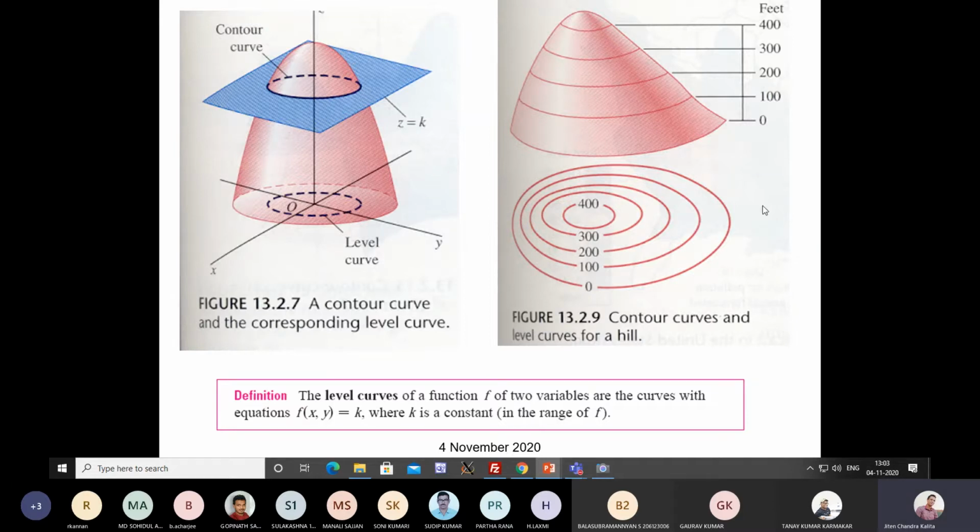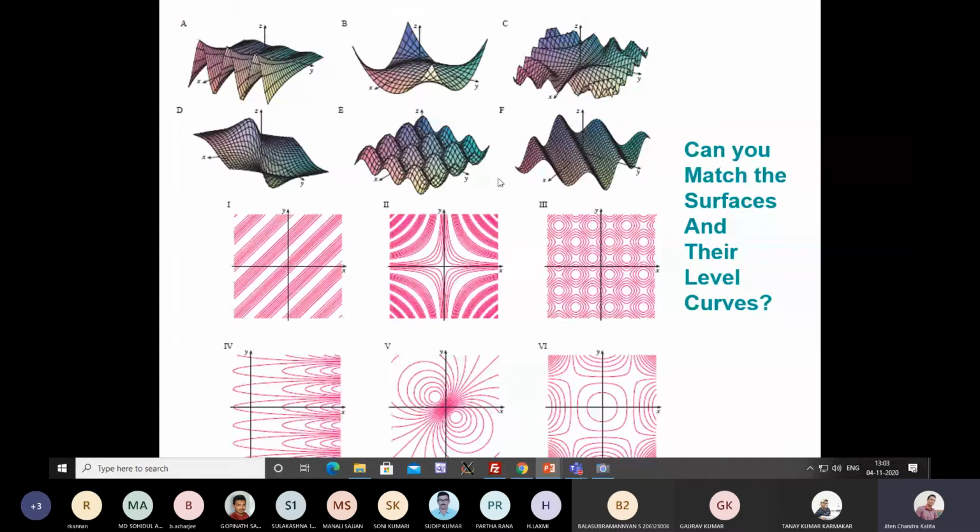So now in the next slide, you are going to see some surfaces, and some level curves. So can you map them? Which one is going to give you what kind of level curve here? Are you getting my question? Say here I have got 6 surfaces, and here I have got 6 figures of level curves.